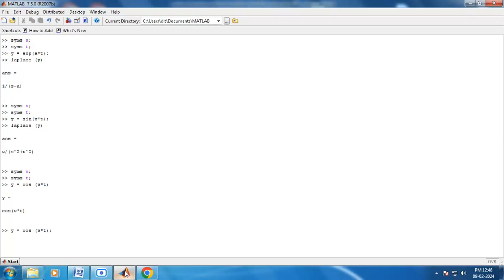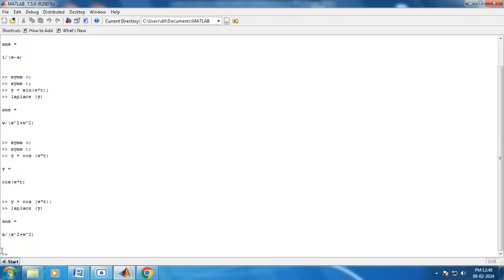When we are not expecting the result, we have to put the semicolon. Okay, so now Laplace of function y. It is s divided by s square plus omega square. So we are moving to the next example.